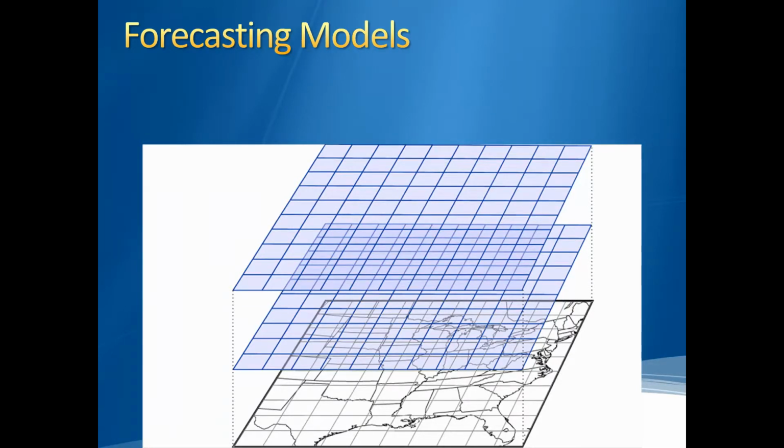Imagine a forecast model for the Bay Area. And let's assume that it only splits the Bay Area up into 4 different squares, 4 different grid boxes. And let's assume that the grid box for San Jose also covers Santa Cruz.